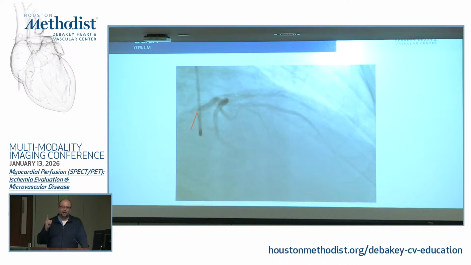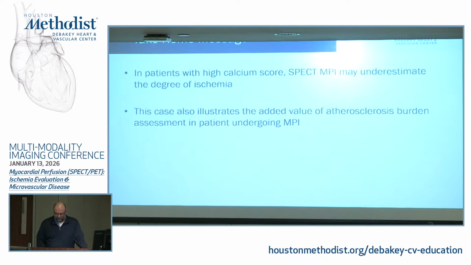It will add one thing, which is TID, transient ischemic dilatation, if the cavity is dilated. So it's not going to add much for you, and I'd rather go to another study, whether it's cath or PET, which would potentially add more incremental value for your patient.